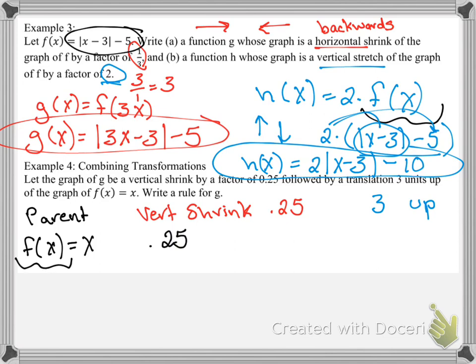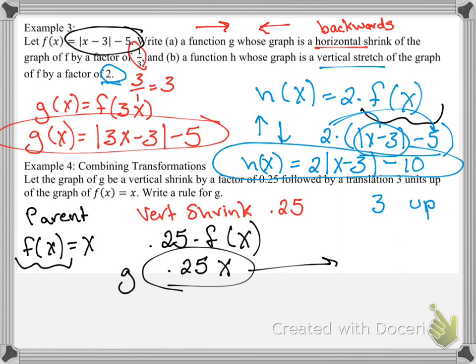So I want to take 0.25 times my f of x. My f of x is just x, so I'll just have 0.25x. This is the new function I'll take over. Let's call it g of x. That's my new g of x.